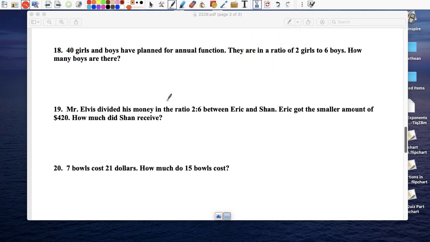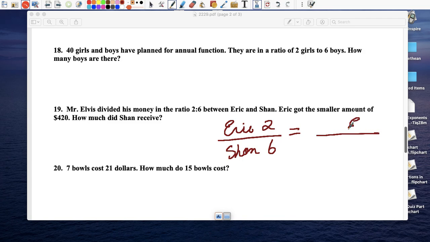Elvis divided his money in the ratio of 2 to 6 between Eric and Sean. Eric got the smaller amount of $420. How much did Sean receive? So the ratio between Eric got $2 for every $6 that Sean got. So over here, I'm going to write Eric. I'm going to write Sean. So if Eric got 420, so this is what Eric got. So that goes over here. How much did Sean get?